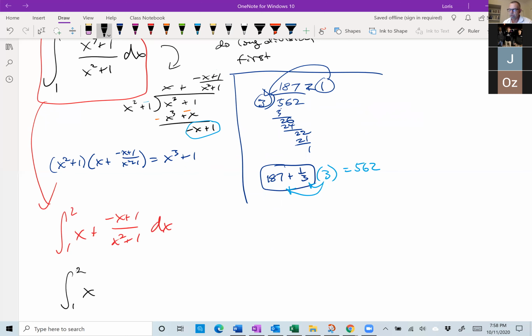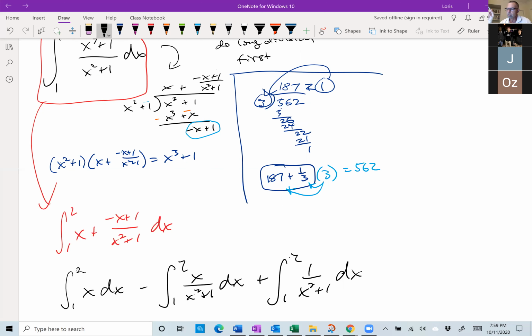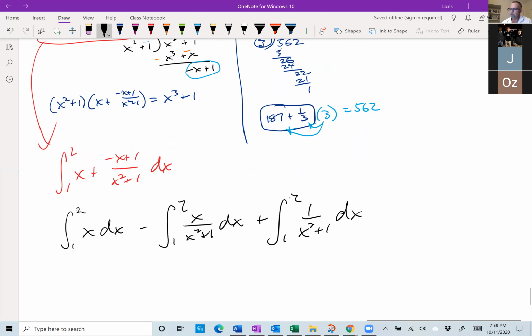The third one, arctangent, and then I think you could do the first two easily. When you do the last one with arctangent, it's arctangent of x from 1 to 2, so this ends up being arctangent of 2 minus arctangent of 1.